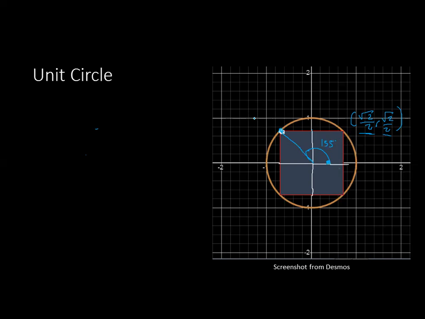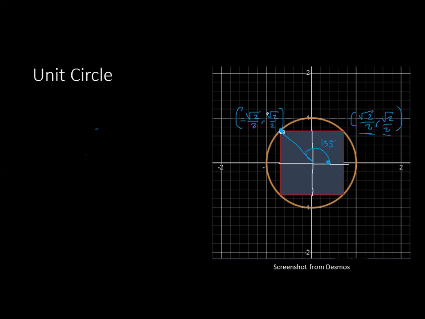But we're just going to change the sign. So remember, they're the same, but the signs are not. Here on this side, the only negative is this one, negative square root of 2 and positive square root of 2.